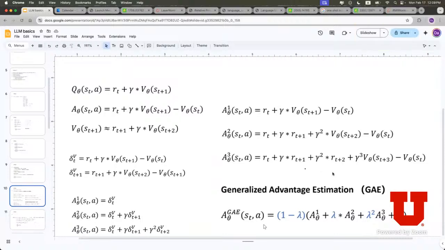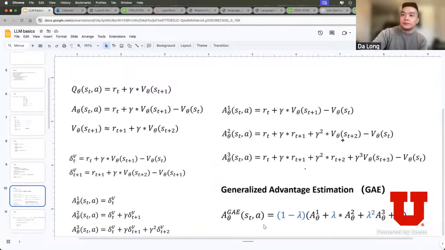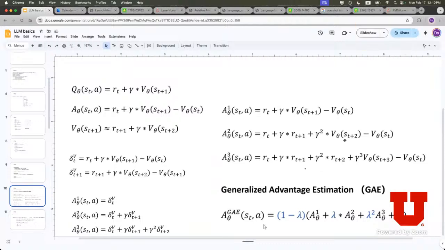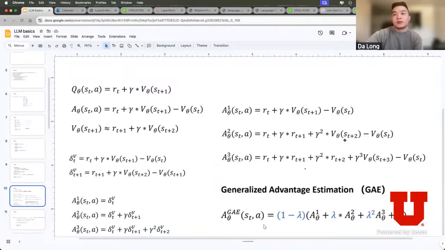Yes, but V theta is learning through the policy gradient. So at first V theta cannot do it; they need a process to learn. Yeah, so during the learning it will cause variance. Oh, I see.